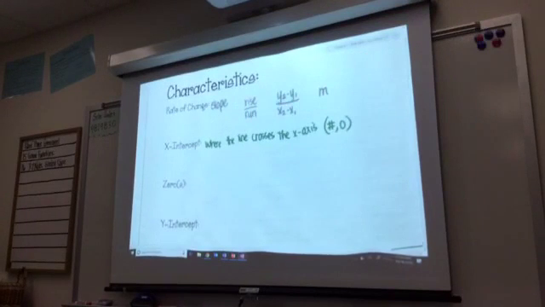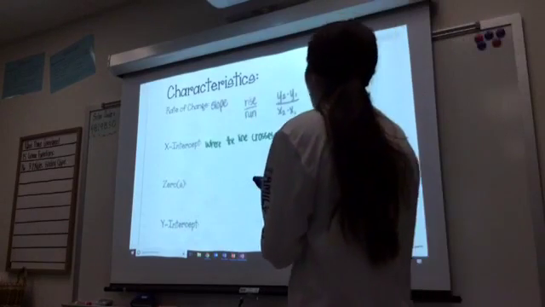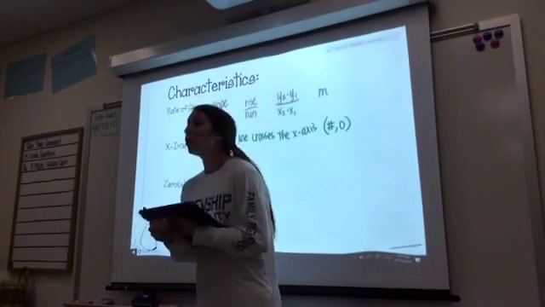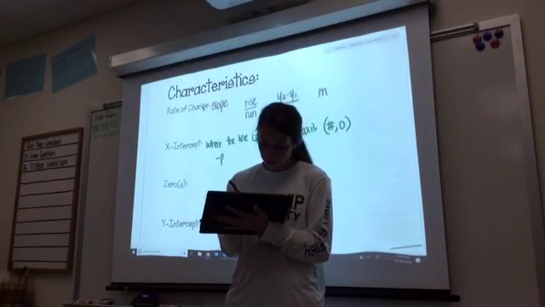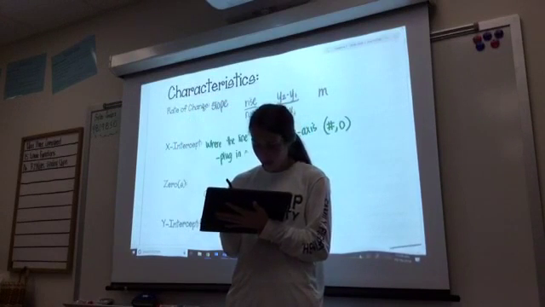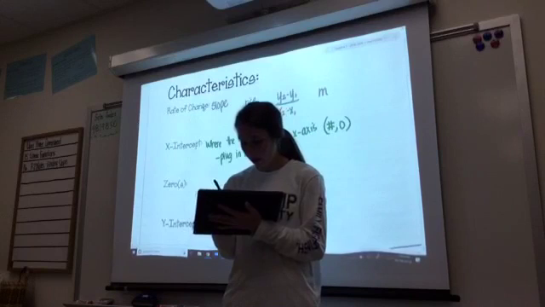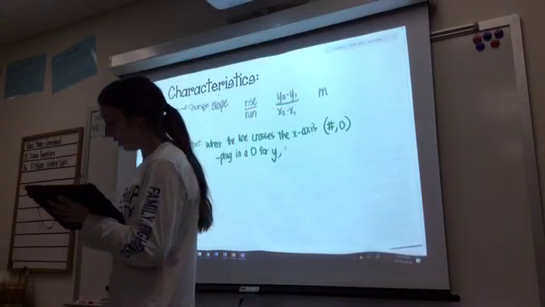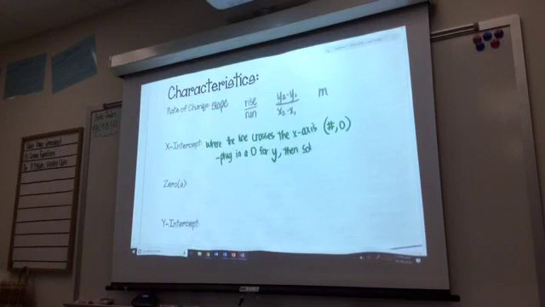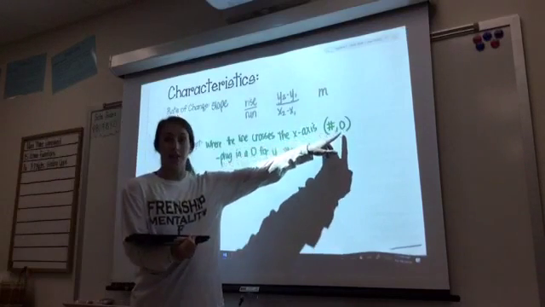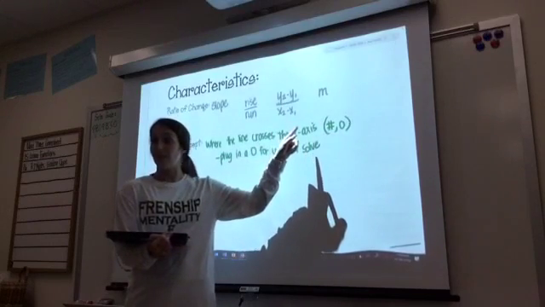So here's the deal. If you're ever given an equation and it says find the x-intercept, you're going to plug in a 0 for y, then solve. Because if it wants you to find the x-intercept, that means you need to find the x. Would you agree? So we're going to plug in 0 where our y is, because that's where it crosses, and then we'll find the answer for x.